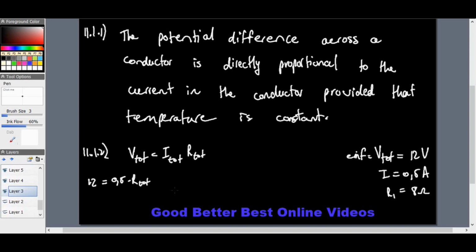And that's the total resistance in the circuit, which we're also not sure about. If we divide both sides by 0.5, we'll get that the total resistance in the circuit should be 24 ohms. It's the total, tot for total.